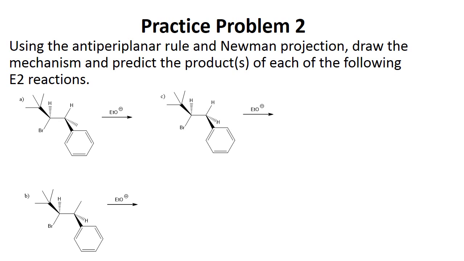And adjacent to that, you need a beta CH bond in order for you to get an E2 reaction. Make sure that the alpha Cl bond and the beta CH bond are anti-periplanar, and if they're not, rotate them so that they are before you try to write the mechanism and predict the product of the E2 reaction.